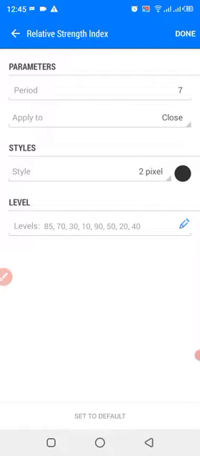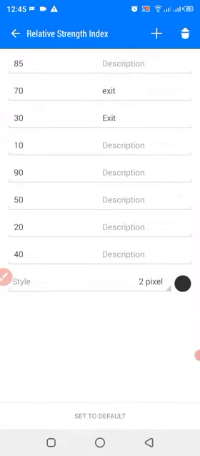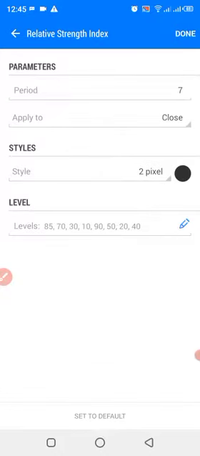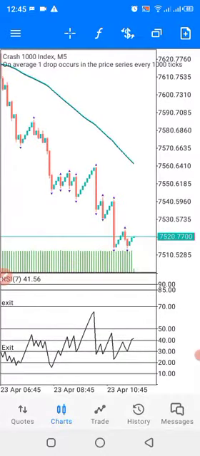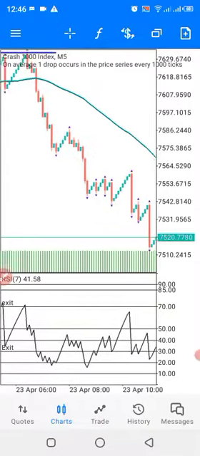Style is 2 pixel, and for the levels I have 90, 85, 70 down to 10. Then you take the style 2 pixel again, black, and click done. And you have something in this format.